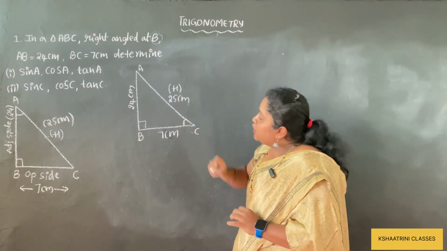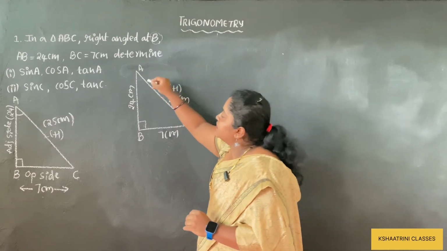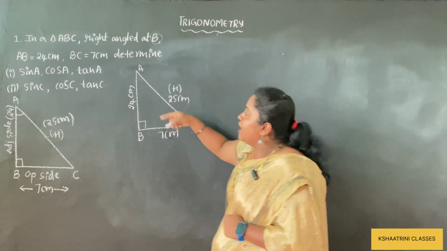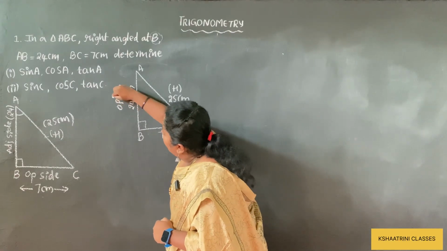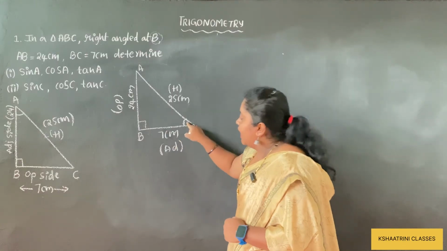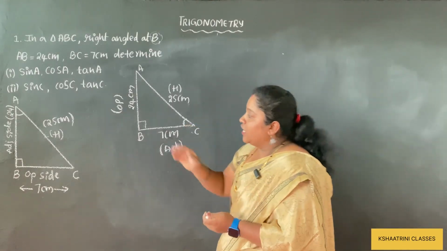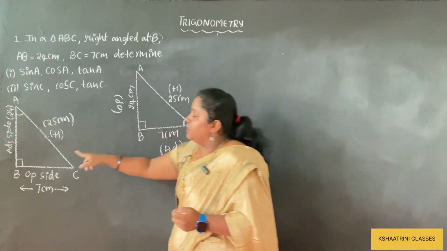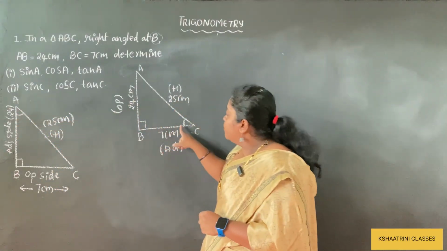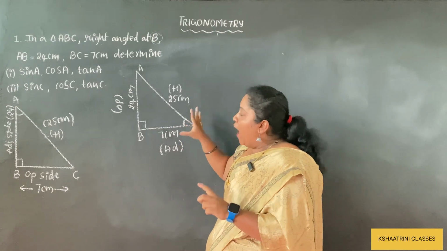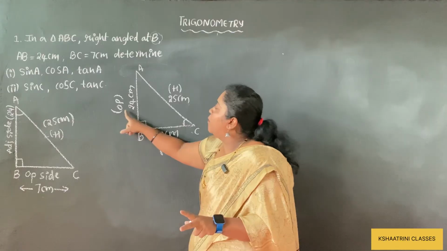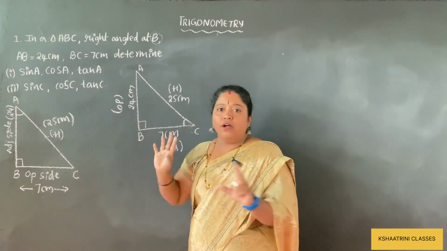And with respect to angle C, the side which is opposite to angle C is considered the opposite side. Hence, AB will become the opposite side and BC will become the adjacent side with respect to angle C. Just look at the difference between the diagram with respect to angle A and the diagram with respect to angle C. Values are not changed. Vertices are not changed. Only opposite and adjacent are going to change.